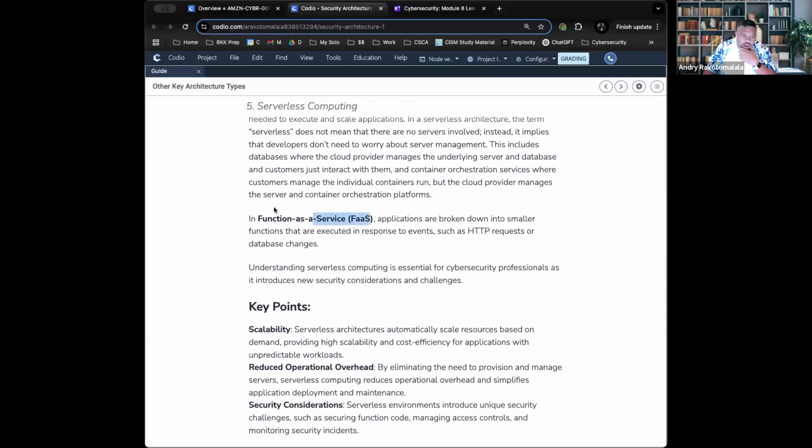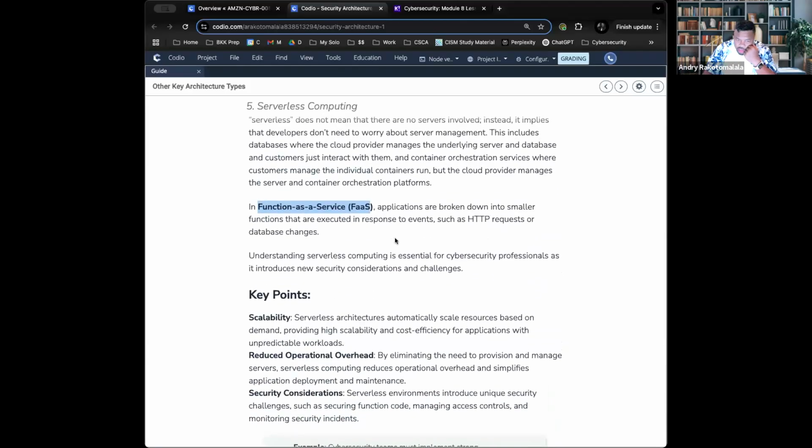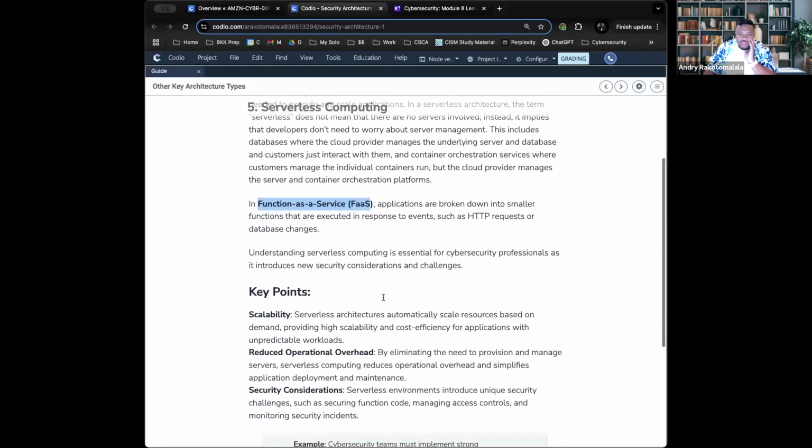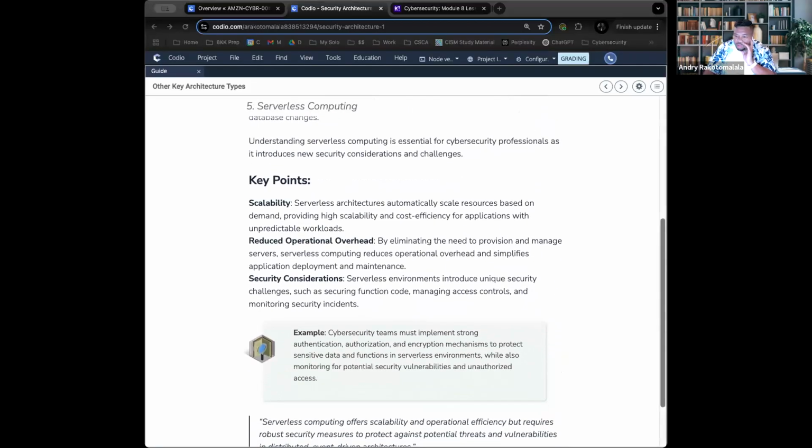You won't see this very often. It's essentially where you break down the functions into smaller bits, and then you use them to send out to the events. I wouldn't want you all to fixate on this piece. Just understand that serverless computing is you write code, you send it, and then the cloud actually does the management. Okay.